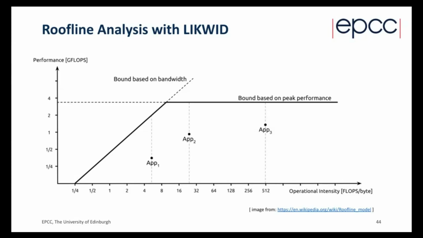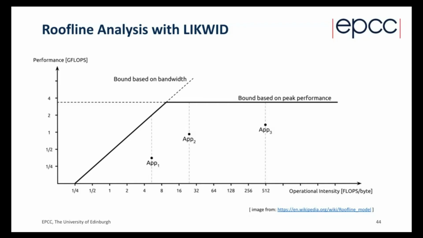This is based on looking at the ridge where the two rooflines overlap in roughly the middle top of the screen. If we plot a vertical line through that ridge point and the x-axis, then we can see some applications might end up under the slanted roof on the left of this line, or others will be on the right of this line.